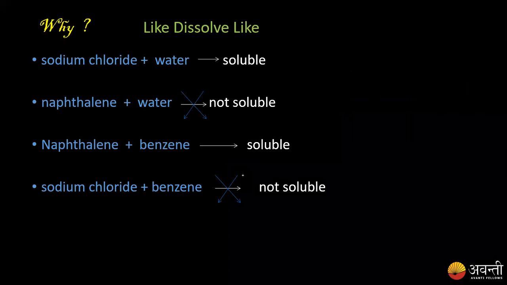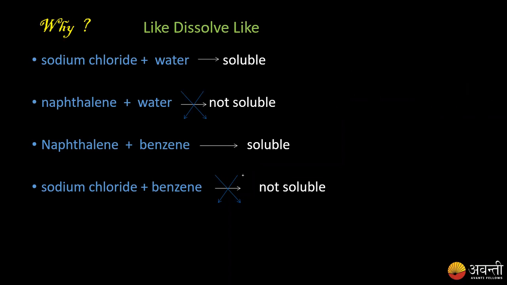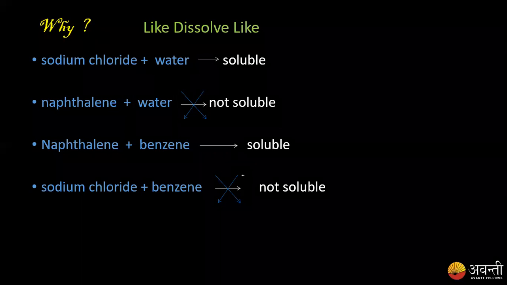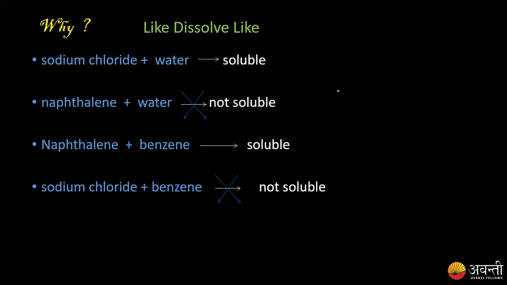The second one is why naphthalene is not soluble in water. See, naphthalene is a non-polar molecule, whereas water is a polar molecule. So the non-polar molecule will not be soluble in a polar molecule.